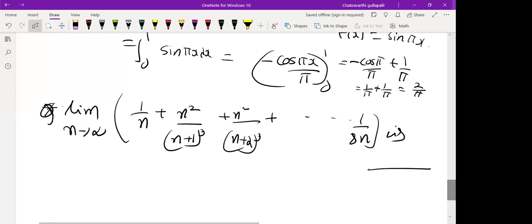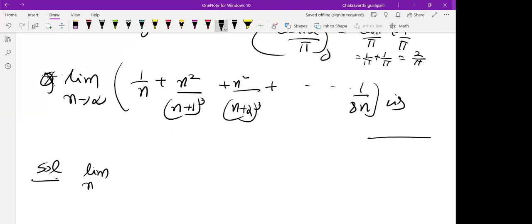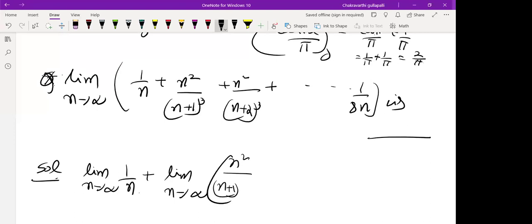So always remember our r should start from 1 to n or 0 to n minus 1. So using this, we have to predict the nth term. First term, this you take separately, 1 by n, because n plus 0, the 0th term. Remaining you can take first term, second term, third term, up to n square by n plus n whole cube.